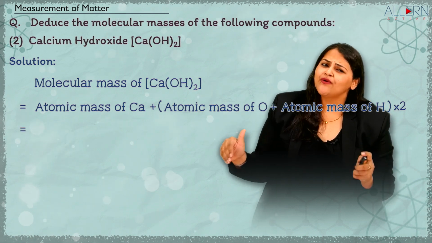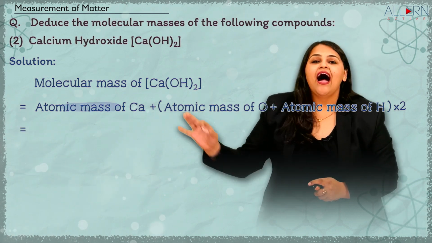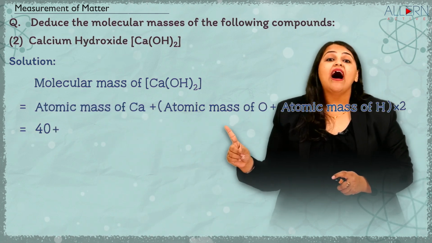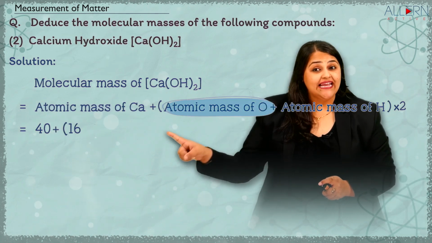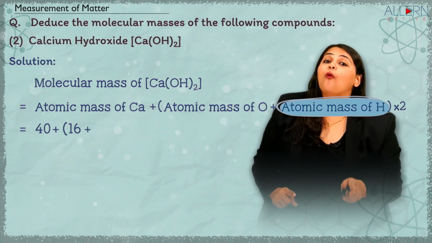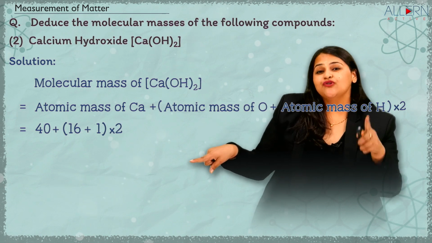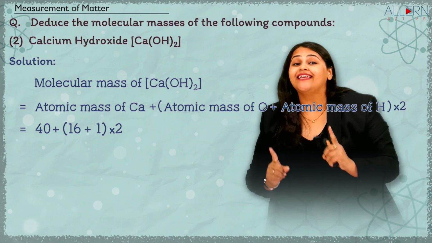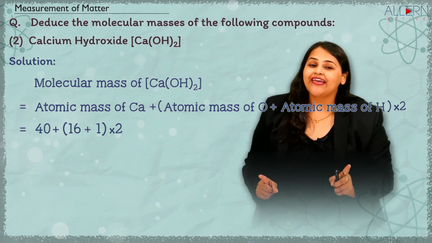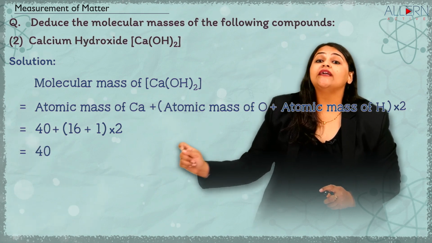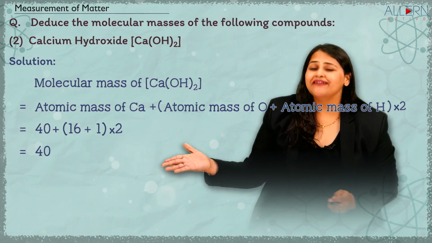So let's try to write the values. It's very simple. Atomic mass of calcium is 40. Atomic mass of oxygen is 16. Hydrogen is 1, into 2. So we'll first solve the brackets according to the BODMAS rule, right? So we'll first solve the brackets. Now that becomes 16 plus 1, which is how much? 17.